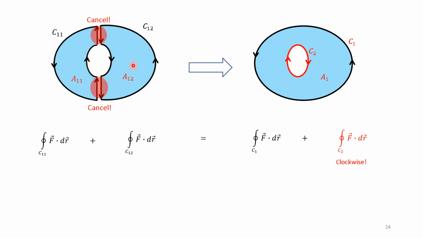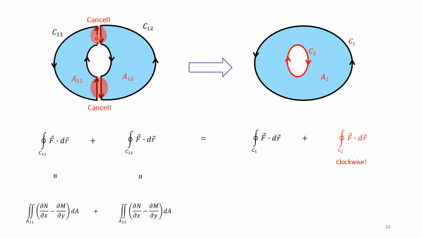That's why it can be treated as two separate line integrals: one is this one outside, counterclockwise, and the other is this one inside, clockwise. Now, if I just consider the left subregion A11, Green's theorem gives me this term.